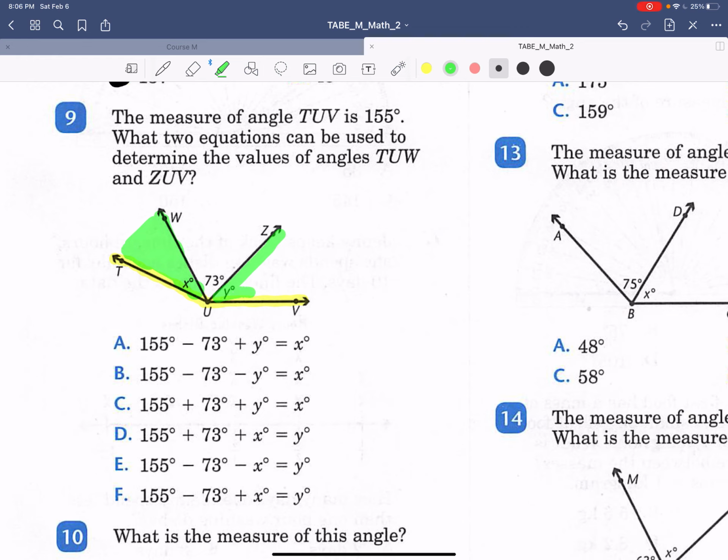So ZUV is the Y value. So we know the total. We know the 155. And if we take out the 73, that would leave us with 82 degrees. And the 82 is the sum of X and Y.